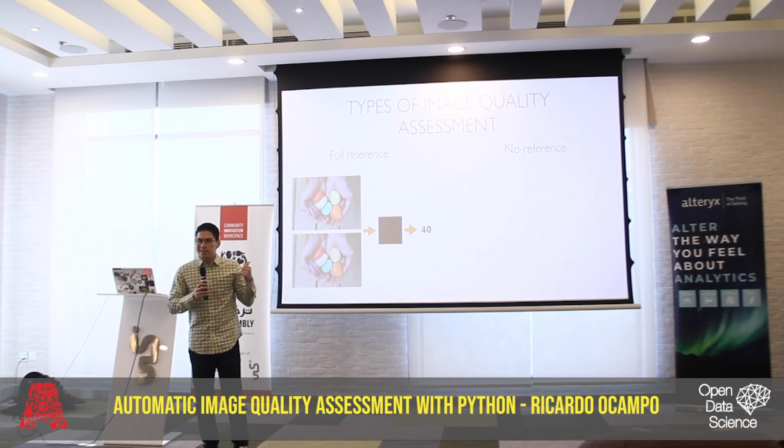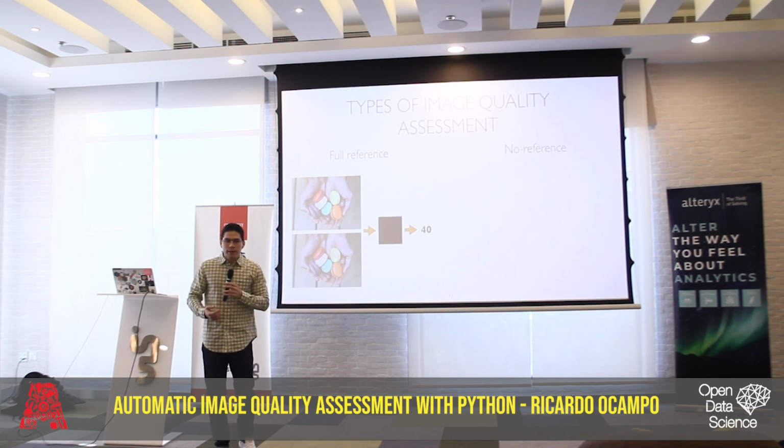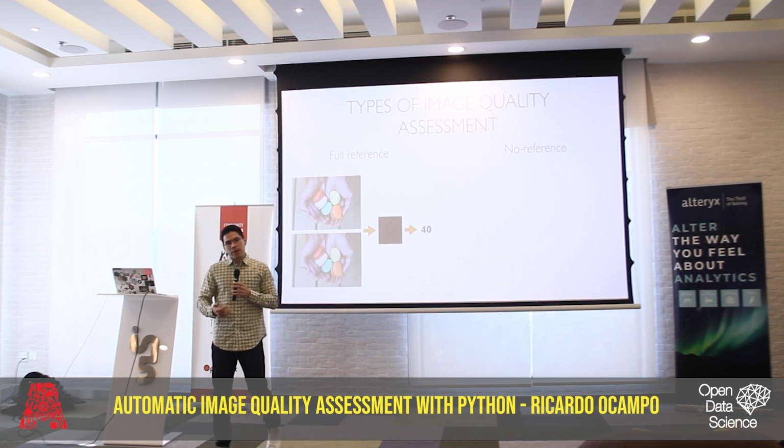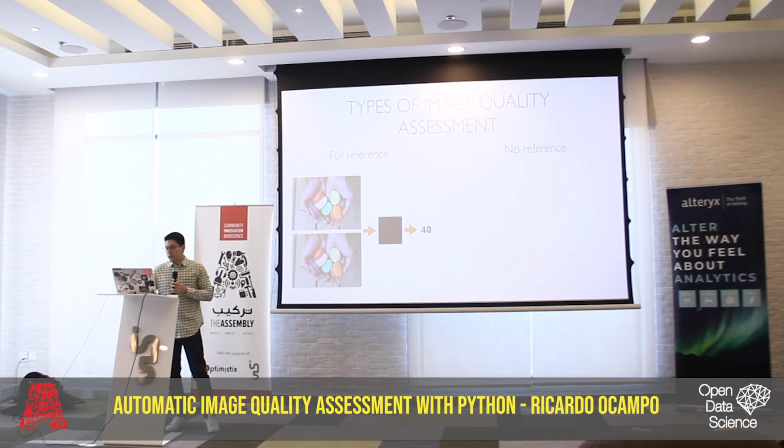But in real applications, do you think we have the good quality image? I don't think so. It's very uncommon to have the good quality image. We cannot compare how the image should look in real life. So that's why we also have no reference.